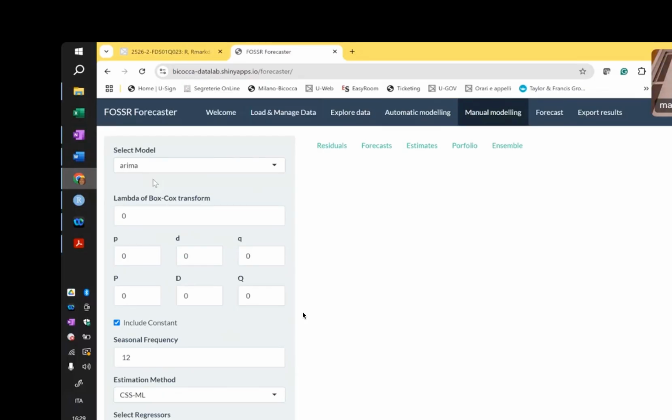So we said we want the seasonal difference, which is here. You remember the large D is for the seasonal part. Large letters are for the seasonal part, and the small letters are for the non-seasonal part. Here we have the autoregressive part, so AR, the integrated part, so how many differences I need to take, and the MA part.